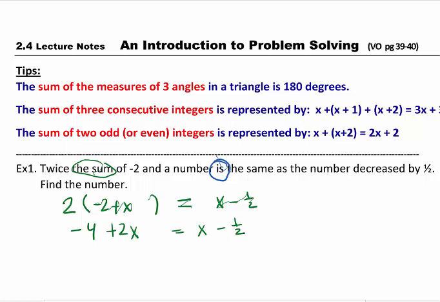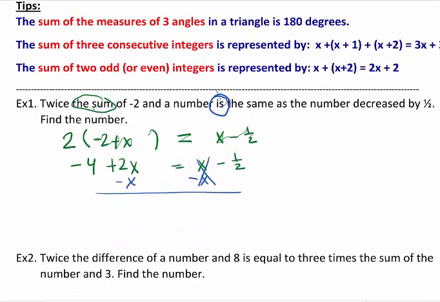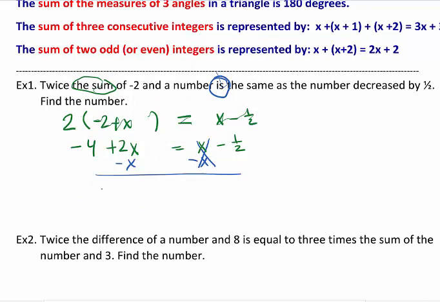And now we need to collect like terms on one side and then subtract. So I'm going to subtract x from both sides. Again, that cancels here. Go ahead and move this up. I'm left with a negative 4 plus x equals negative 1/2. I'm going to add the 4 to both sides.